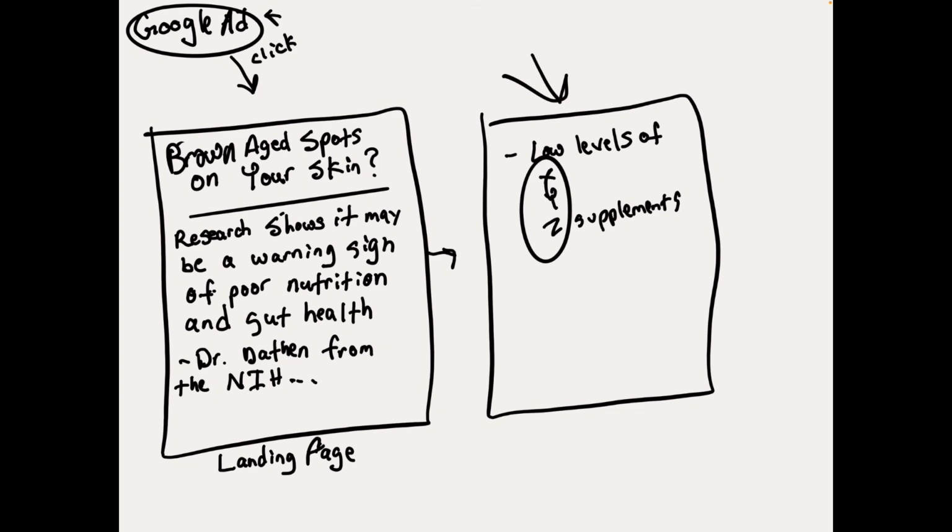And then I'm also going to introduce them to the recommended supplement that has all of the proper levels of these ingredients for proper gut health and something that supports healthy looking skin that fights aging and fights the development of dark brown spots on the skin. And when they put in their name and information, I'm going to send them the book, and then I'm going to forward them over to the affiliate parent company site.